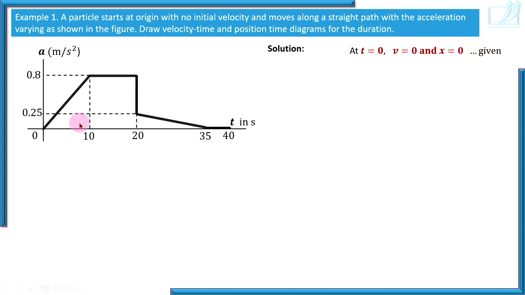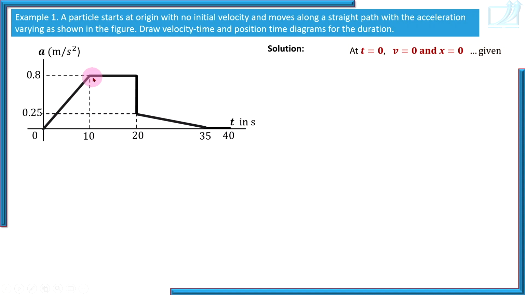Now watch the diagram very carefully. If you remember in earlier lecture on motion curves, we considered only the motion in which acceleration was uniform, that is velocity increasing uniformly, velocity decreasing uniformly, or velocity constant, that is acceleration 0. But this is the problem in which acceleration is varying. From t equal to 0 to t equal to 10 seconds, acceleration is increasing uniformly.